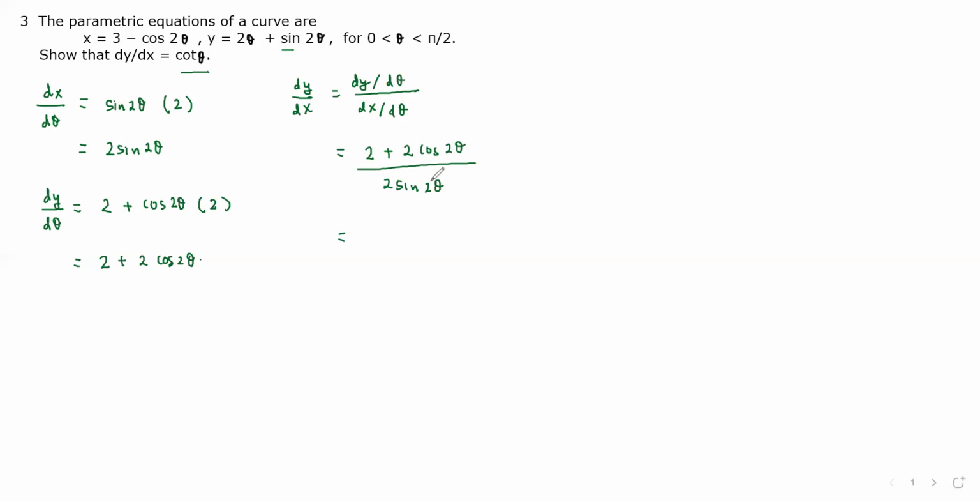So we need to apply the double angle formula for sine and cos. For the double angle formula for cos, we need to pick one. Cos 2 theta is given by cos squared minus sine squared. We also have 2 cos squared minus 1, or 1 minus 2 sine squared.